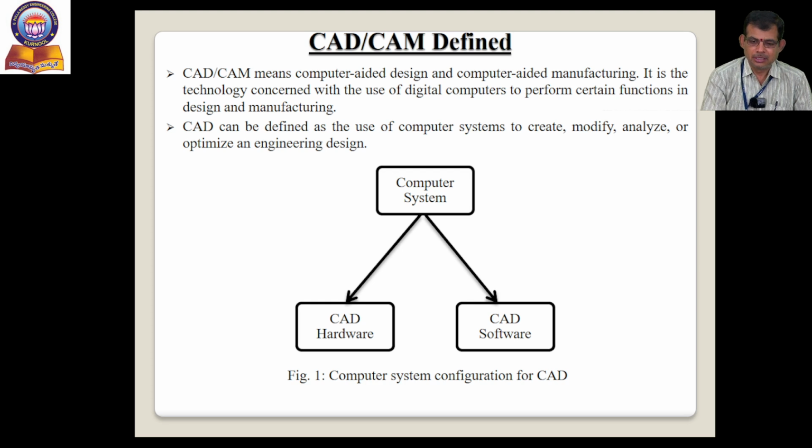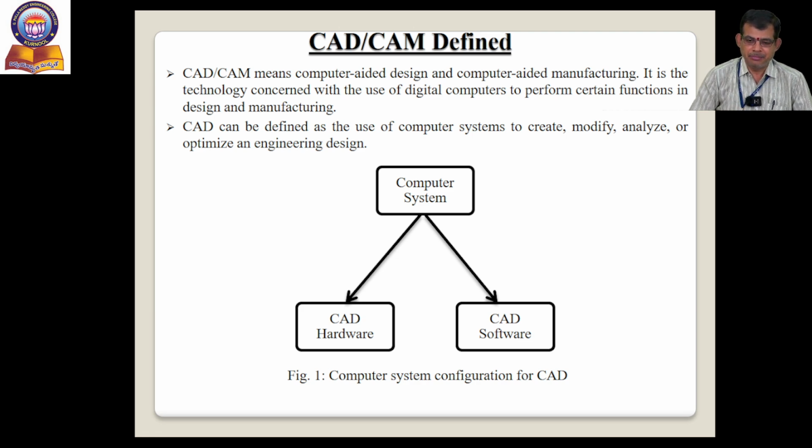Okay, so CAD, computer aided design, is defined as the use of a computer for the creation, evaluation, and analysis of the design process, and identifying a good alternative design solution for the required one.